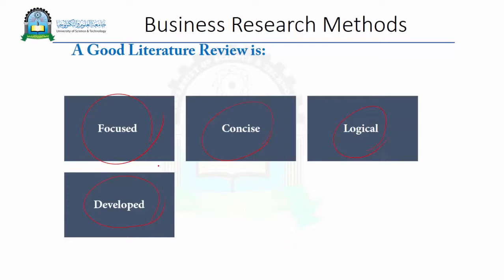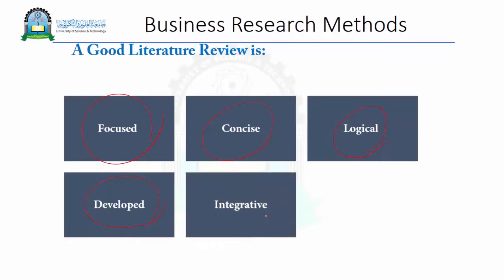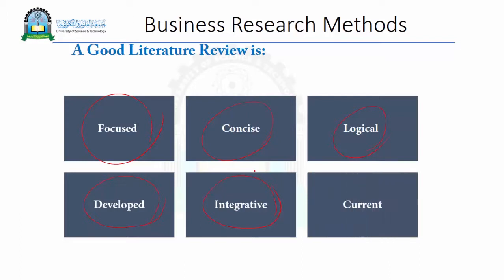We write from general to specific, starting with the general topic, then subtopics, and then integrative. From the beginning till the end of the research work, it must talk about one issue, connected, integrated, and current, meaning related to the current issues and the problem.